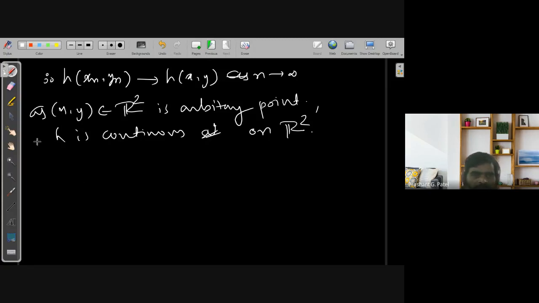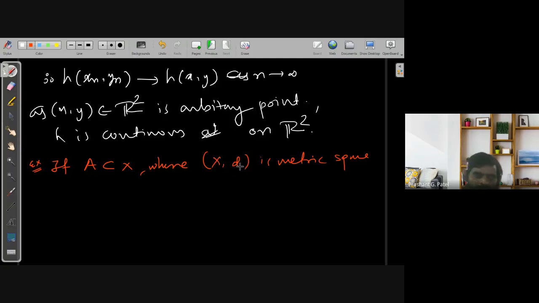Let us discuss the next example regarding the same. Suppose A is a subset of X, where (X, d) is a metric space. That means A is a subset of a metric space.